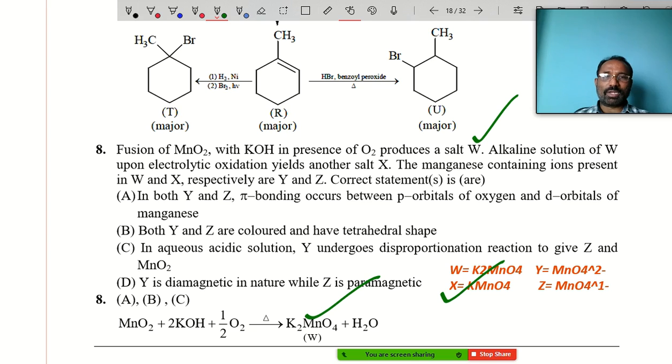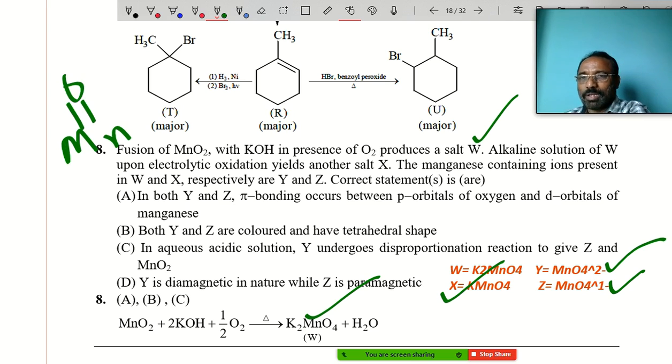The manganese-containing ions present in W and X respectively are Y and Z. That is the manganate ion and the permanganate ion. The manganate ion is MnO4 2 minus, the permanganate ion is MnO4 minus. Here the permanganate ion and manganate ion both undergo sp3 hybridization.